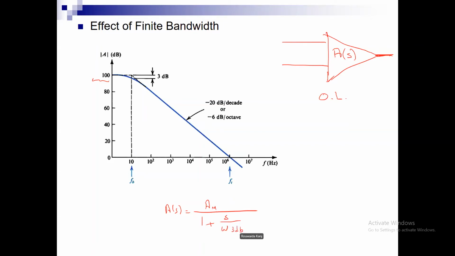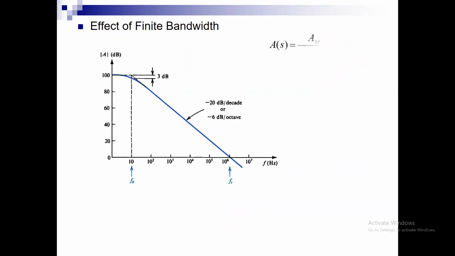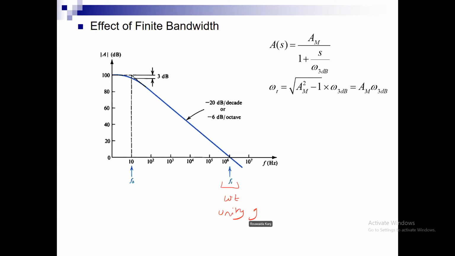Right, this is the representation of the gain of my circuit. But he introduces to the definition some Ft or omega t, which is the unity gain frequency, i.e. the frequency at which the magnitude of A of S becomes equal to 1.